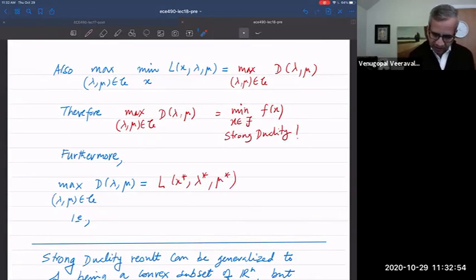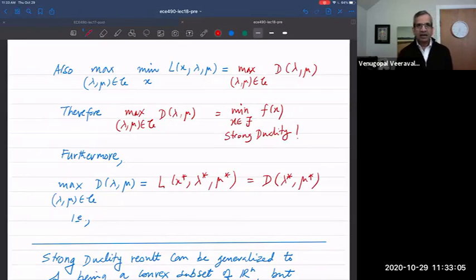But this is d of lambda star mu star, because x star is the minimizer for lambda star mu star.